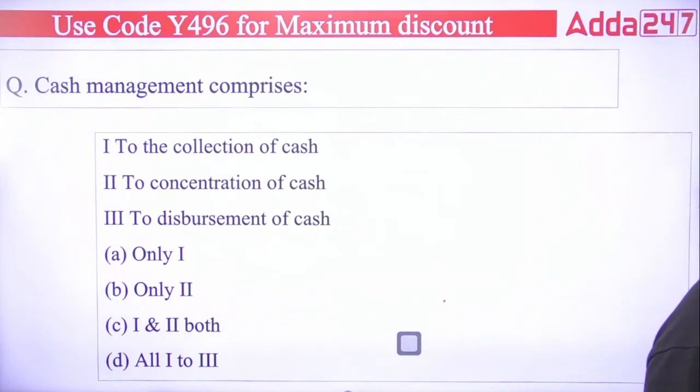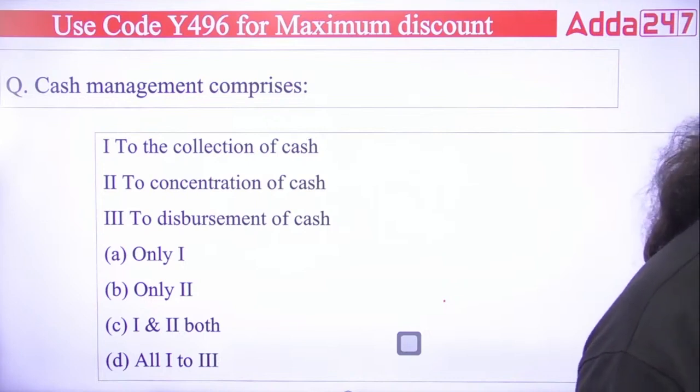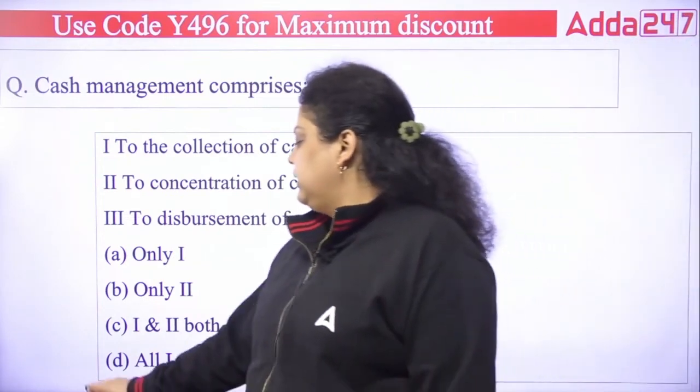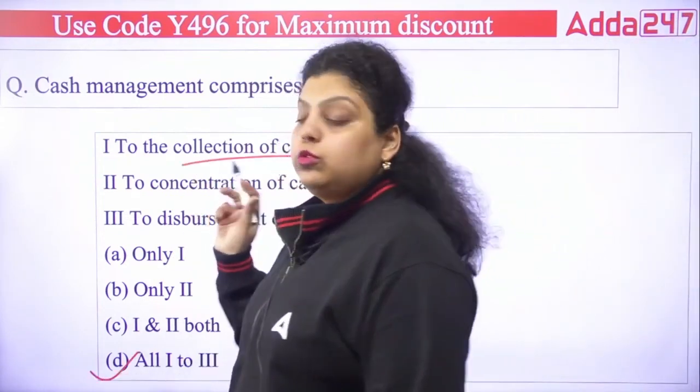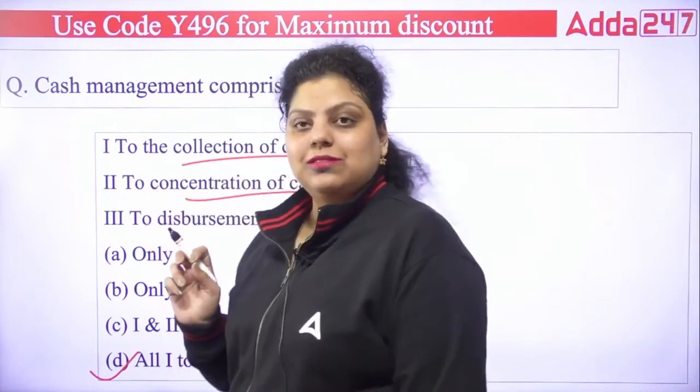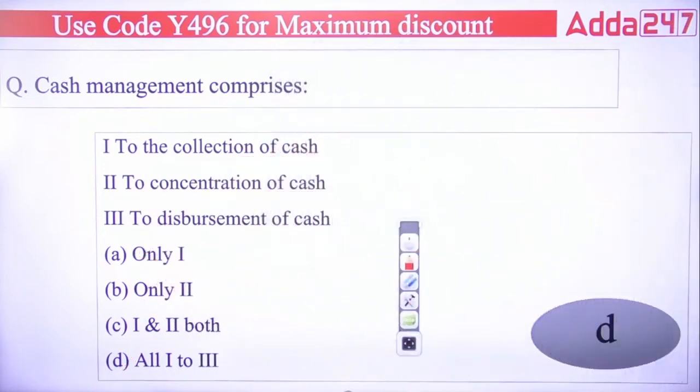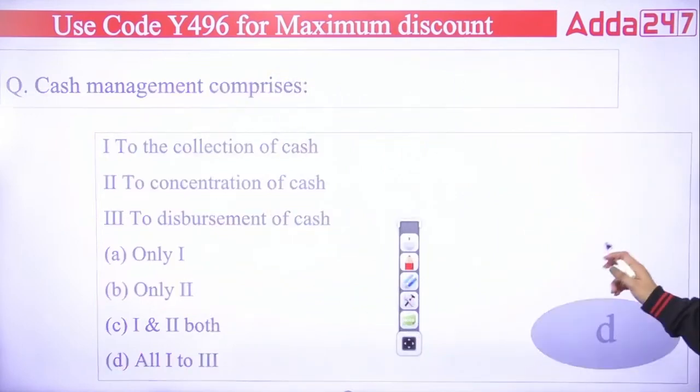Which of the following is correct? Okay. So the right answer here is all. It helps you to do the collection of cash, the concentration of cash, and the disbursement of cash. So the right answer will be all 1 to 3.